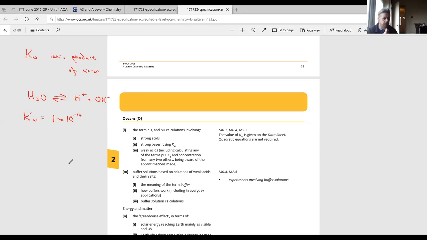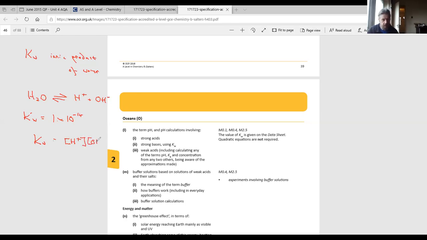I need to work out what the units are. It's going to be moles per decimeter cubed, isn't it? Well, it's not, because we haven't even said what Kw is yet. Kw is this: H plus and OH minus, and that's it.